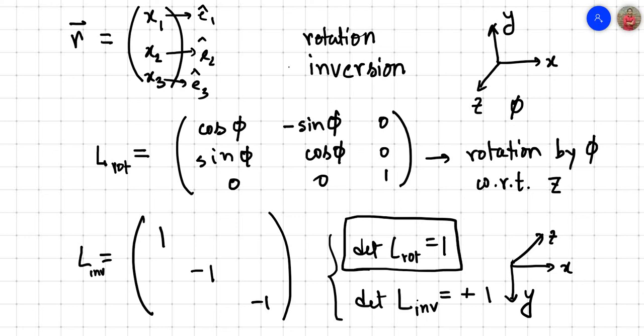However, if we now invert the x-axis too, then once again we invert the sign of this component, and notice that the determinant of this inversion matrix changes again. So this one is again an inversion that cannot be continuously transformed from the initial coordinate arrangement.